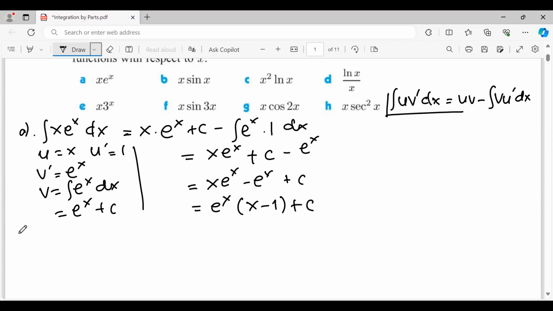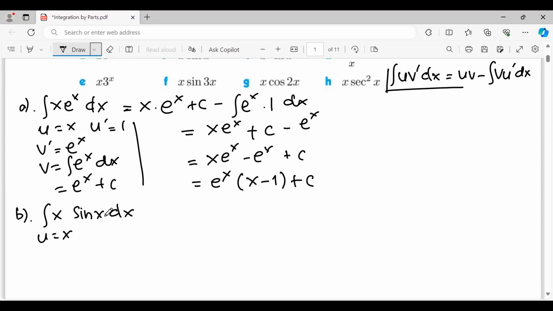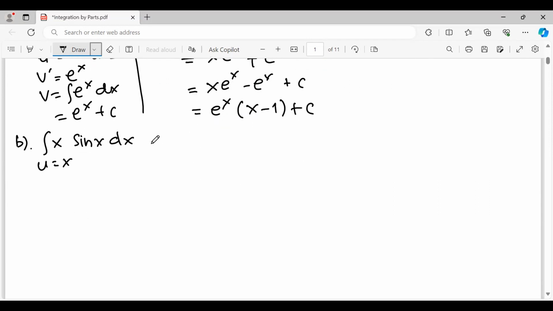Now b, integral x sin x dx. u equals x. Go down first.